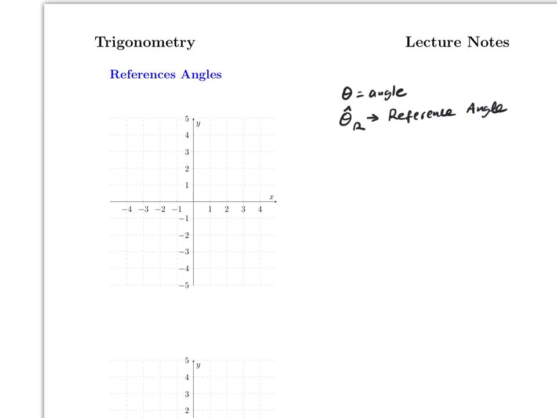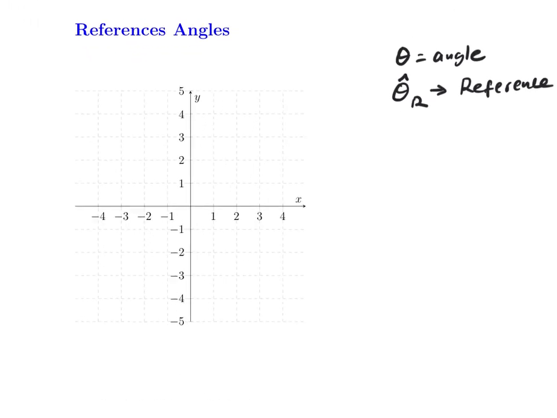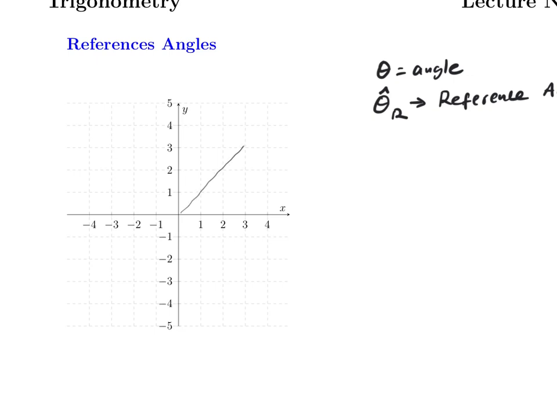If you are in the first quadrant, theta and theta hat are the same thing. So for example, if this is, let's say, 45 degrees, then in this particular case theta is 45, and the reference angle is also 45. So in the first quadrant, the angle and the reference angle are the same.